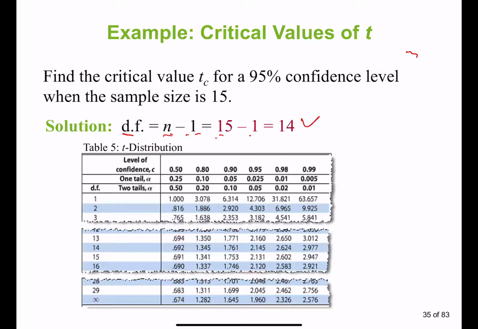you won't have level of confidence or one tail or two tails, but it doesn't matter. If you have one, you can figure out the rest. Let's say if you have only two tails, 20%, for example, then the confidence level will be 80%. If you have two tails only 5%, then the confidence level will be 95%.